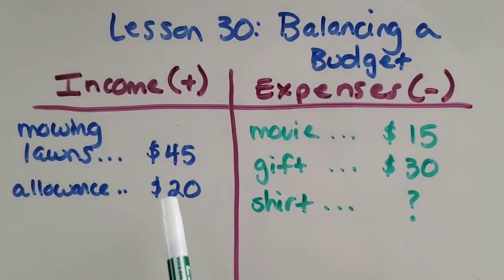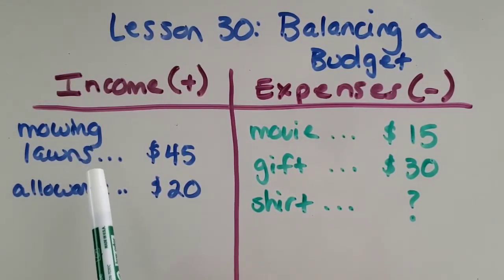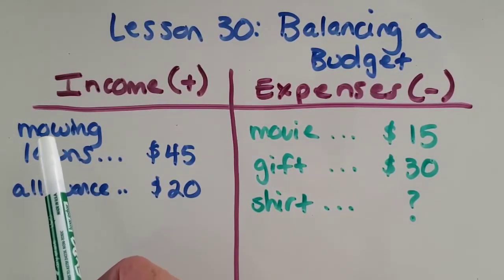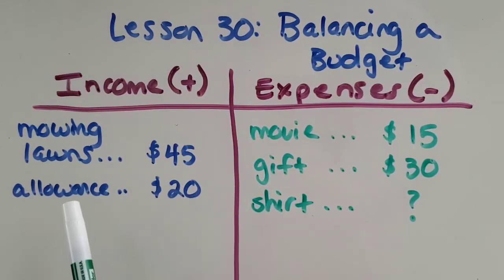I always like to think of things that fifth graders might be able to do. I've had fifth graders who've started to mow lawns to make some money. So this person's mowing lawns and earned $45 for their income, and they also got an allowance of $20.